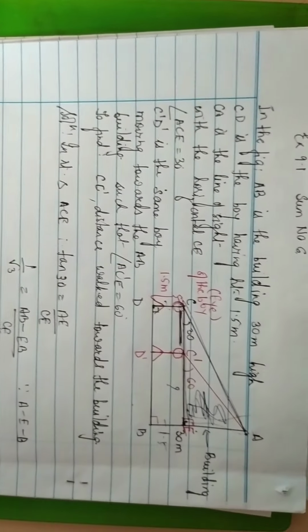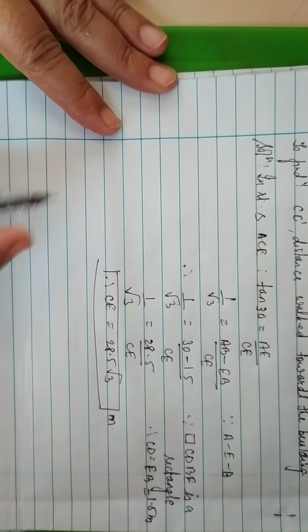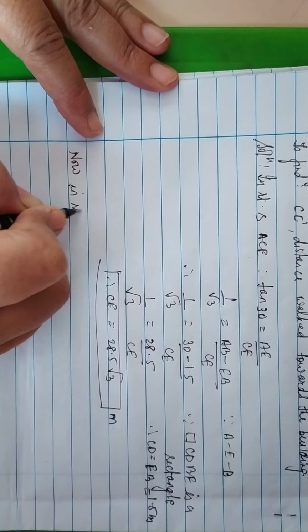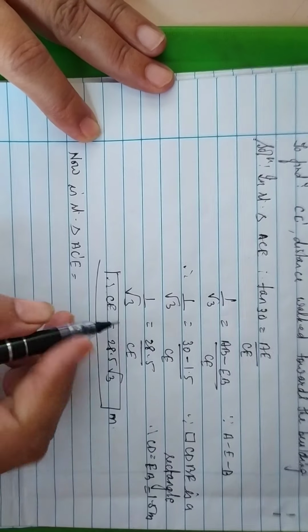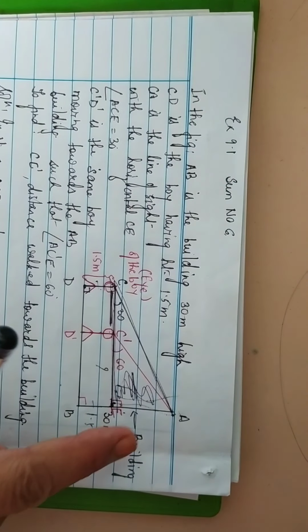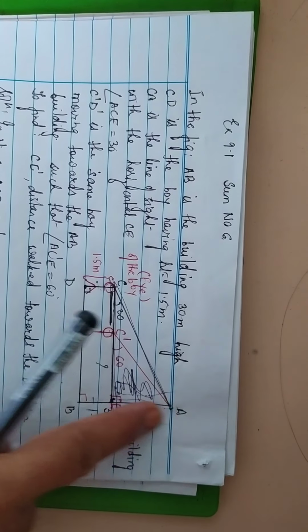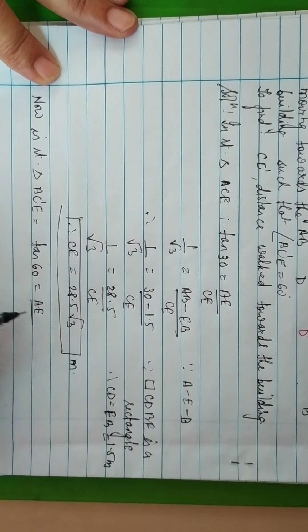So in right triangle AC'E, now we have tan 60, which will be equal to AE upon C'E.